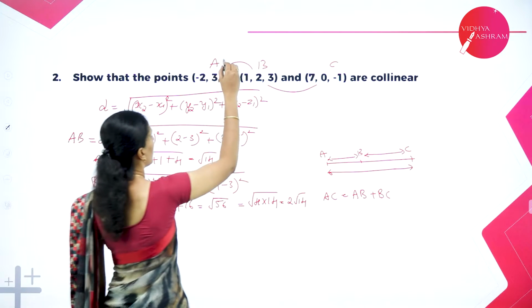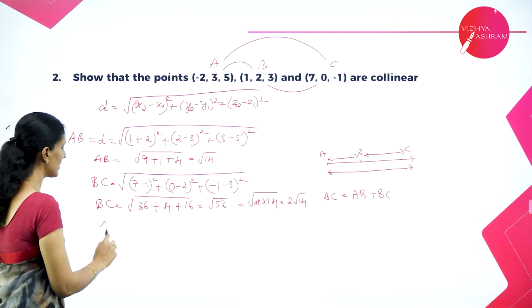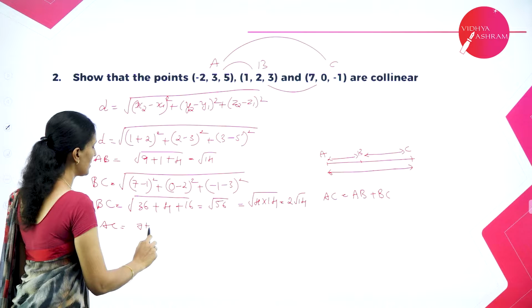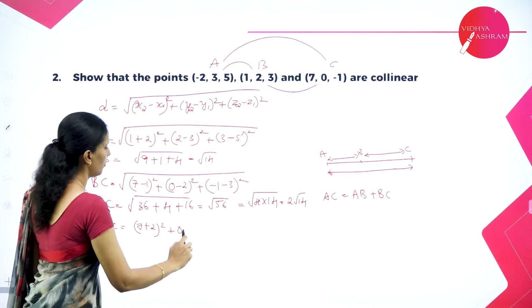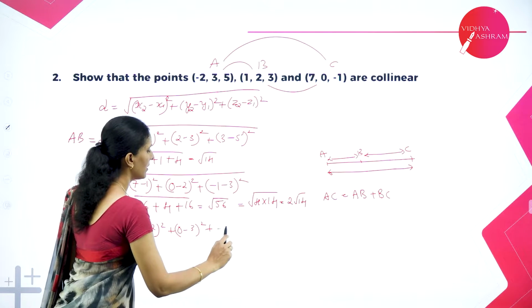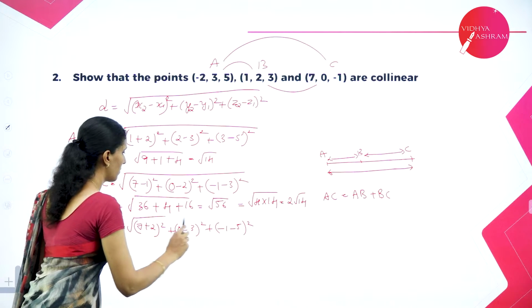Now let's take the points A and C. So let us see the value for AC. AC is equal to 7 plus 2 whole square and 0 minus 3 whole square and minus 1 minus 5 whole square, under the square root.